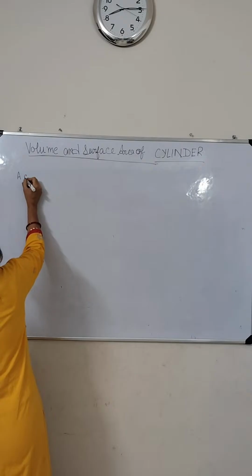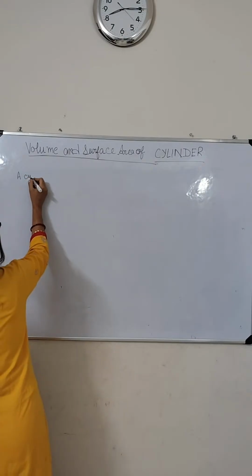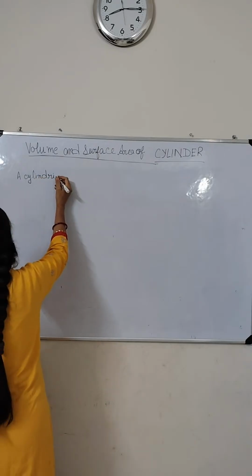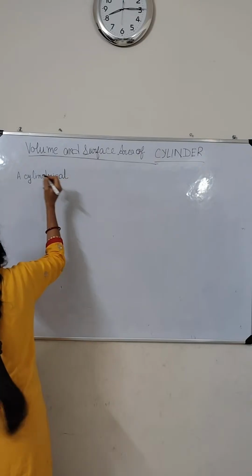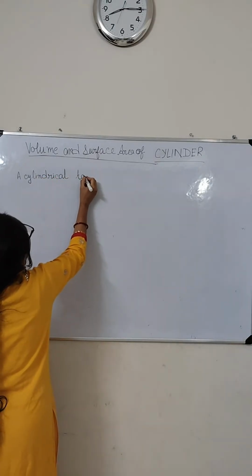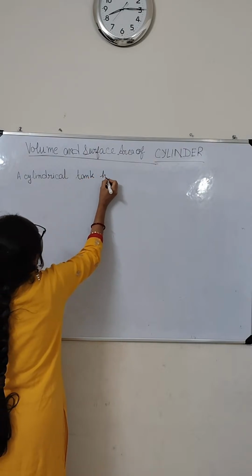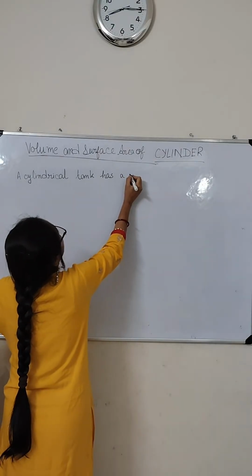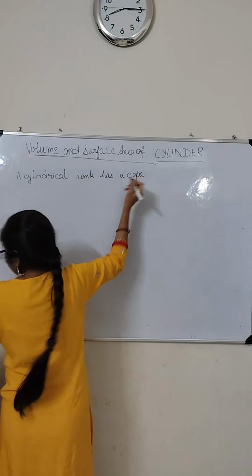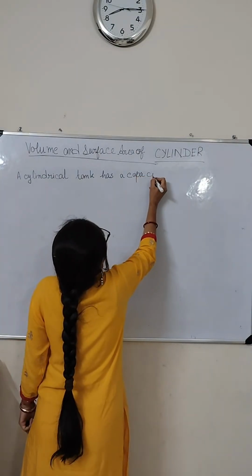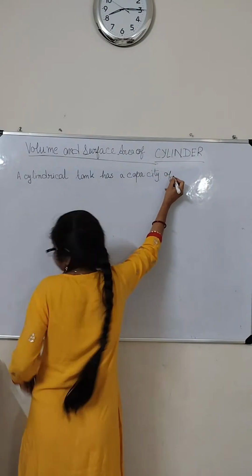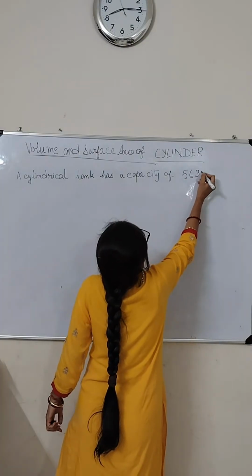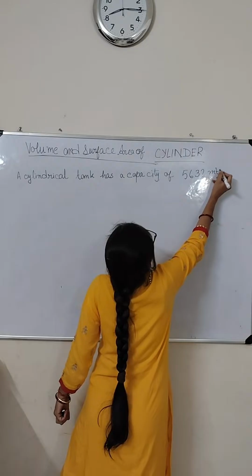A cylindrical tank has a capacity of 5632 meter cube.